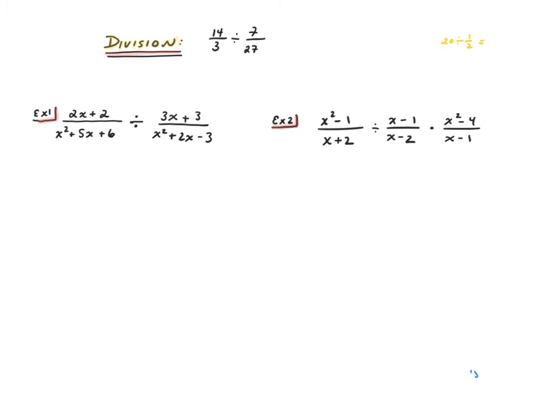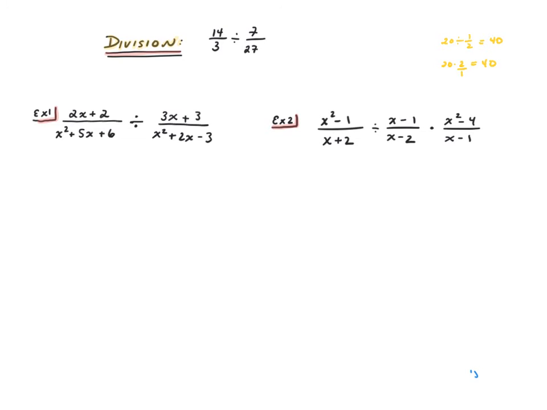So in math, the way we do this operation is you multiply by the reciprocal, because 1/2 goes into 20 40 times. So it's the same as taking 20 and multiplying it by 2. It does equal 40 because 20 times 2 is 40.